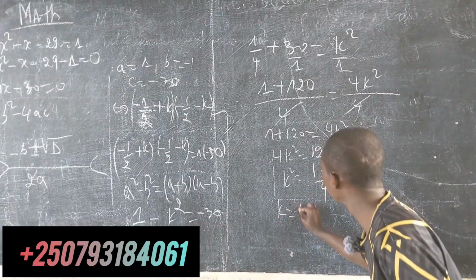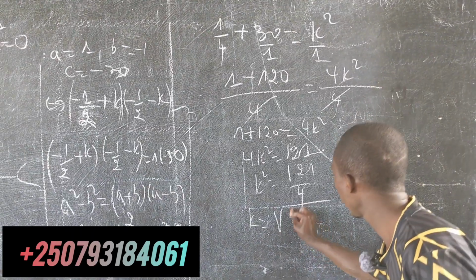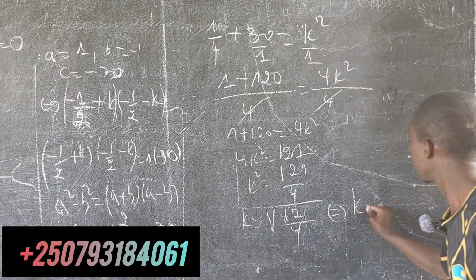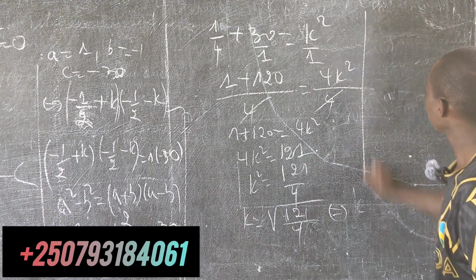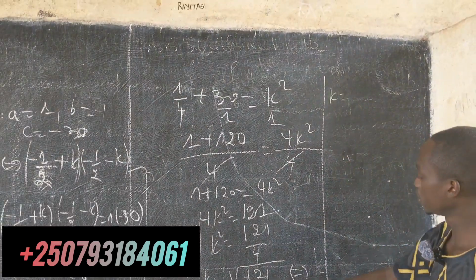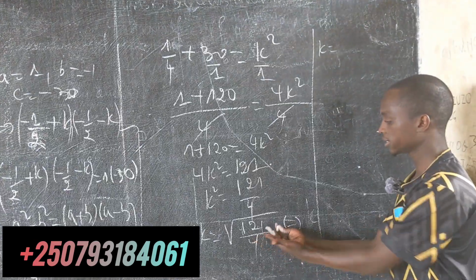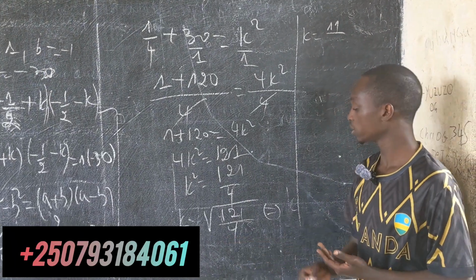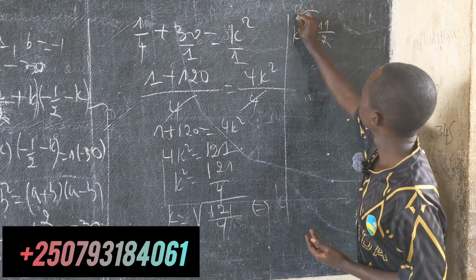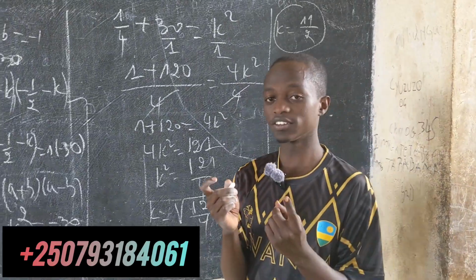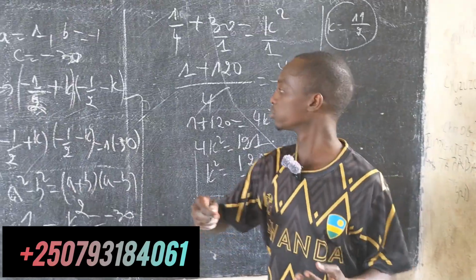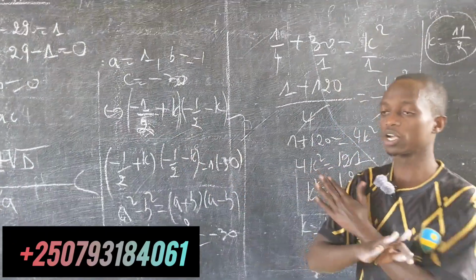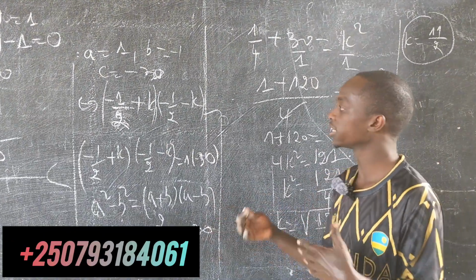K is going to be the root of 121 divided by 4, which is going to be the square root of 121 is equal to 11 divided by the square root of 4, which is equal to 12. So if we get the value of k, we are going to replace k in these factors. So we are going to get the final answer very easily.